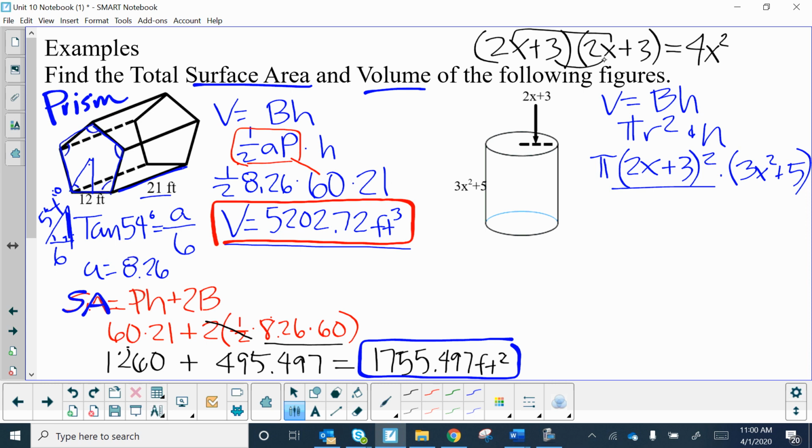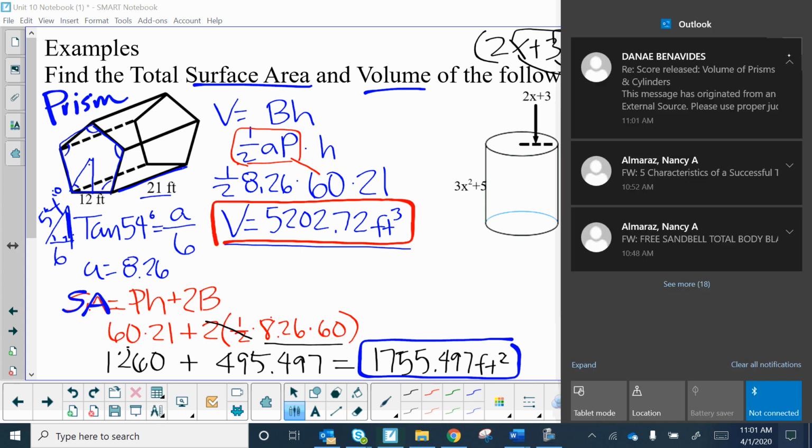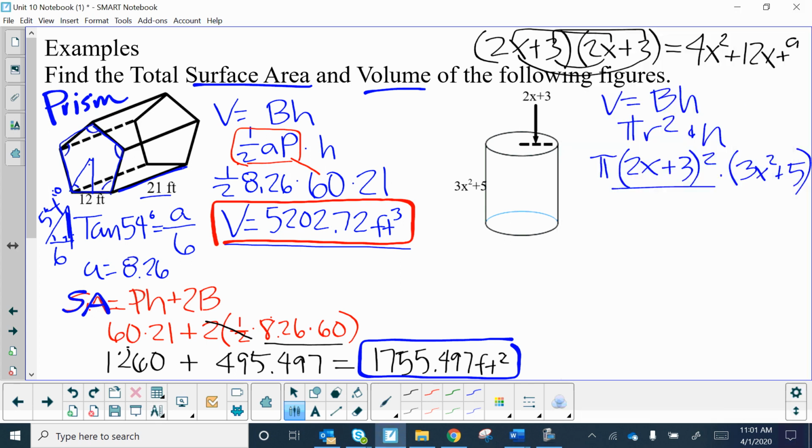Inside terms, 3 times 2x, and outside terms, 3 times 2x. So 6x plus 6x is 12x. And then last terms, 3 times 3 is 9. Okay, so that right there is (2x plus 3) squared.